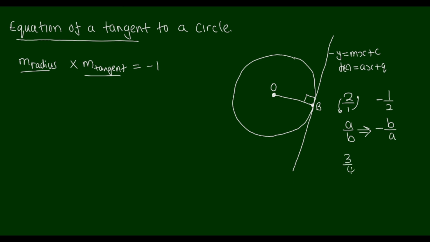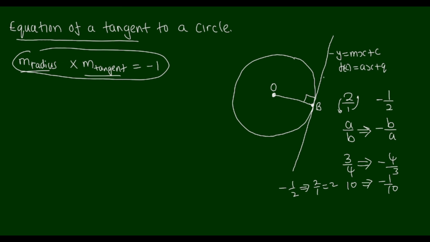If it is 3 over 4, the negative reciprocal is going to be negative 4 over 3. If it is 10, the negative reciprocal is going to be negative 1 over 10. If it is negative 1 over 2, the negative reciprocal is going to be 2 over 1, which is actually 2. But if you want, you can use this general formula.